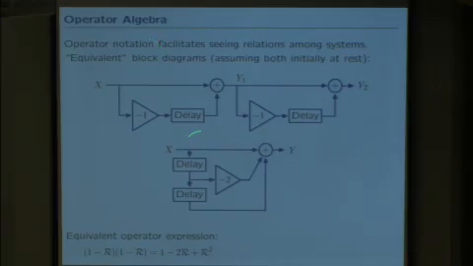Here's a somewhat more complicated, somewhat simpler representation. The point is it's different. And if we compare the operator representations for the two, we see that they are the same. And what I'm about to prove is that when the operator representations are the same, the systems represent the same transformations, provided they all start at rest.